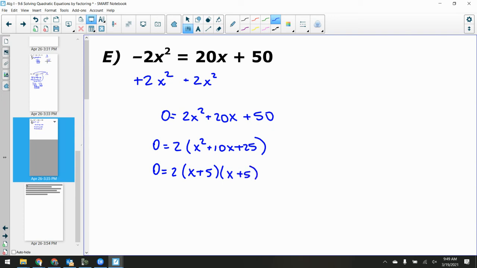Now, do I need to do 2 separate equations with this? No. I could just use one copy of that x plus 5 equaling 0. We subtract the 5. We get x is equal to negative 5. And that's my solution. Now, do I have to do anything with that 2 that got brought out front? Please don't say x equals 2.